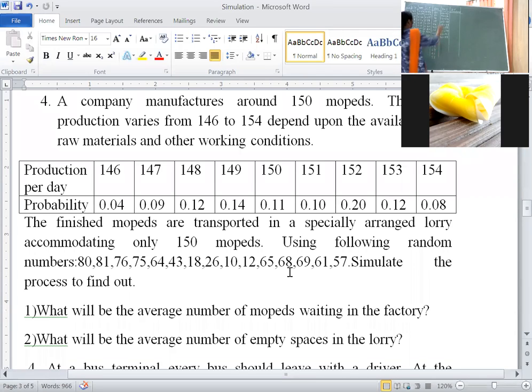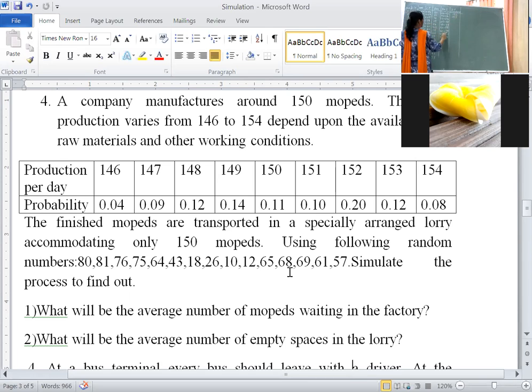Okay. 80 lies in this particular class interval. The corresponding production is 153. Similarly, 81 also lies in the same interval. Daily production, estimated daily production is 153.